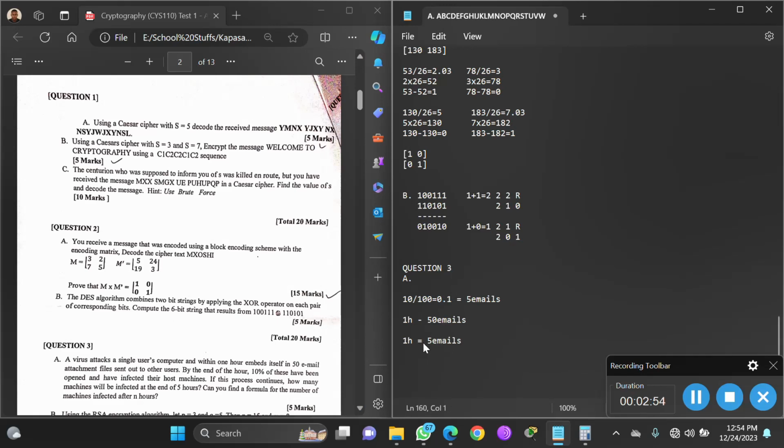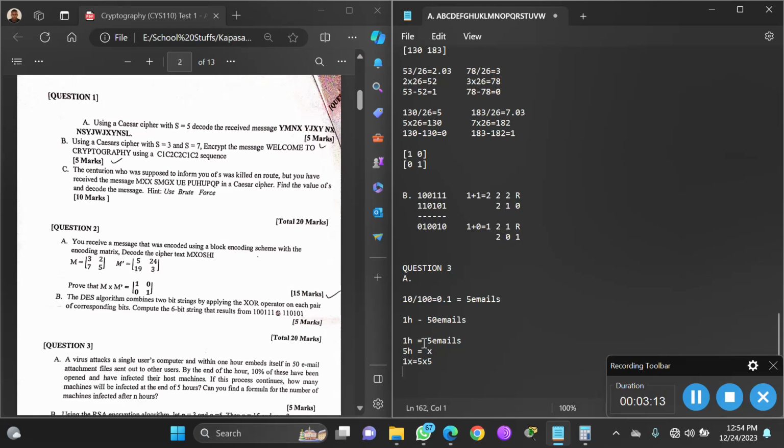So here it's more like if we have 5 hours, it's equal to x. So if we cross multiply, you can see that it will be 1x here, then it will be 5 times 5 for the emails.